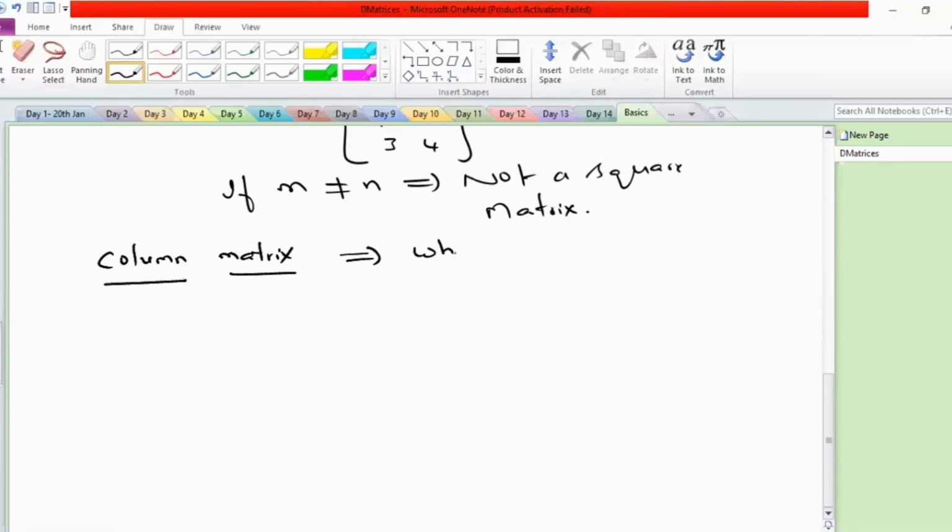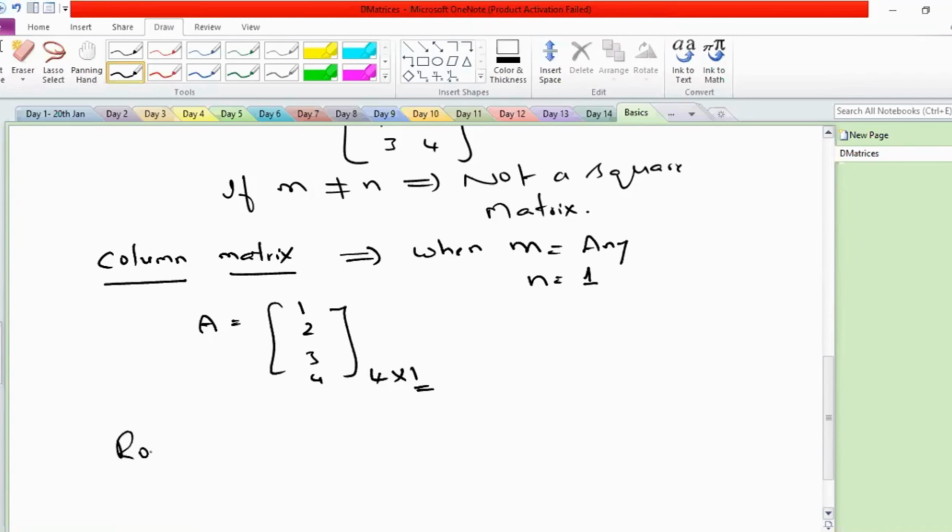When m can be any and n can be only one, then it is called a column matrix. That means A equals something like this, 1, 2, 3, 4. This is 4 by 1. This is the dimension. That means this n is always 1. It can have any number of rows. M can be any number.